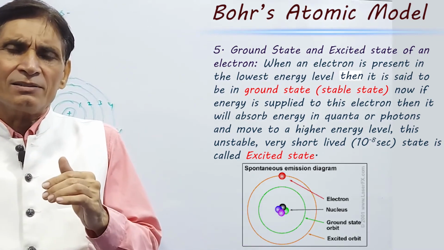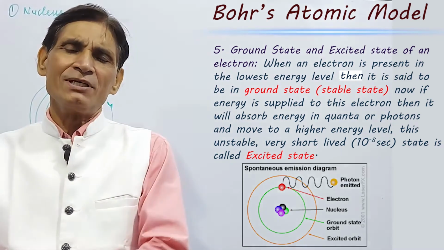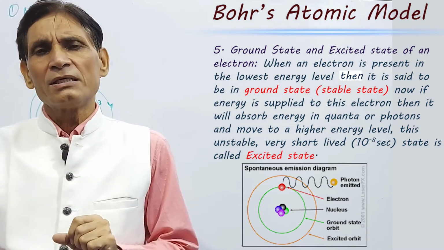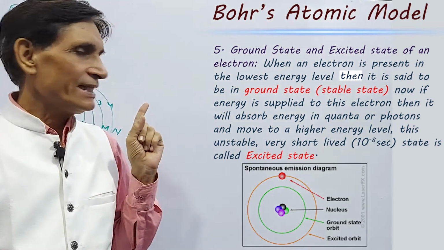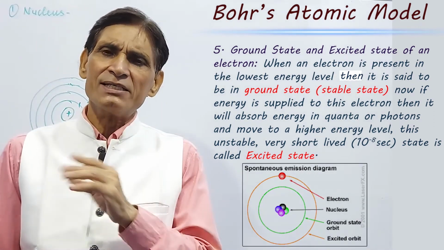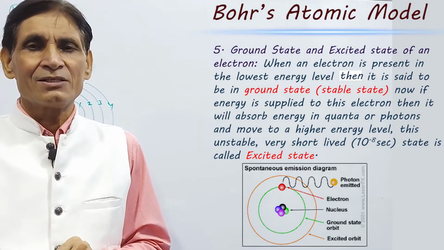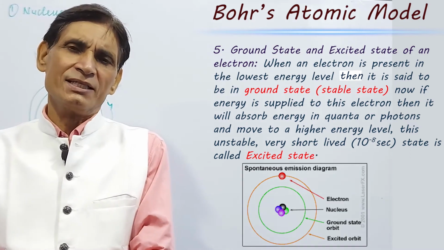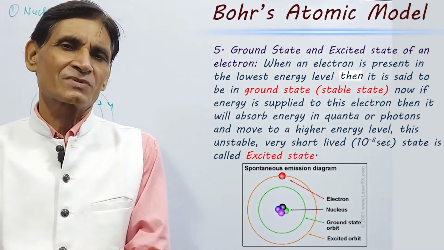This electron jump to higher energy level is of very short life, around 10 to the power minus 8 second, and very unstable. This is why electron is forced to come back into the lower energy level in the ground state.